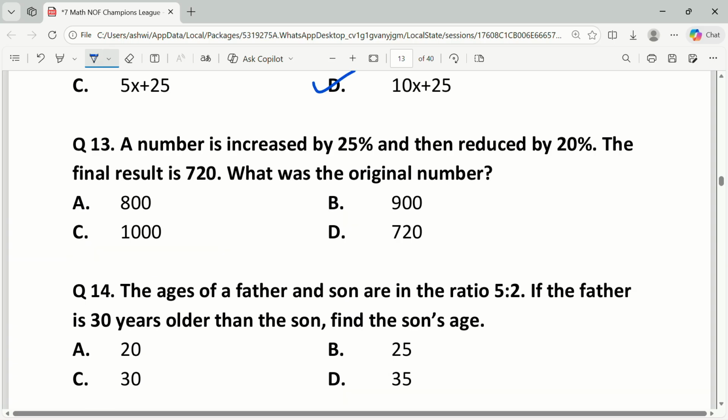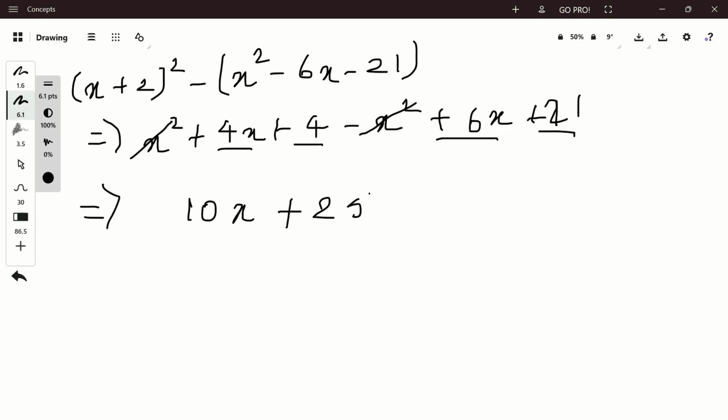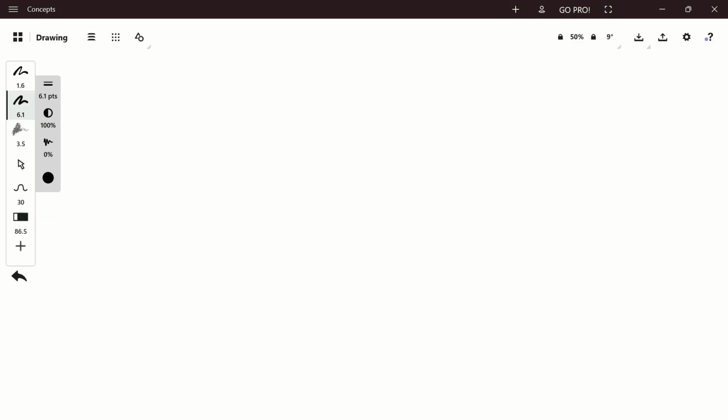Question 13. A number is increased by 25% and then reduced by 20%. The final result is 720. What is the original number? Let the number be n. Increasing the number by 25% means multiplying by 1.25, and reducing the result by 20% means multiplying by 0.80.